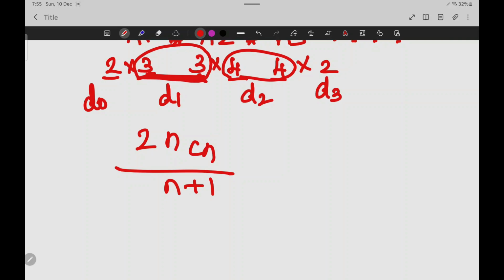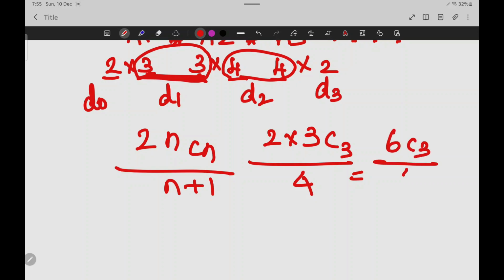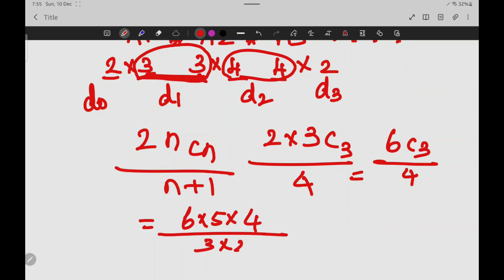Suppose we have 4 matrices, then n should be considered as 3. Applying n as 3, we get 6C3 divided by 4, so 6 into 5 into 4 divided by 3 into 2 into 1, divided by 4.